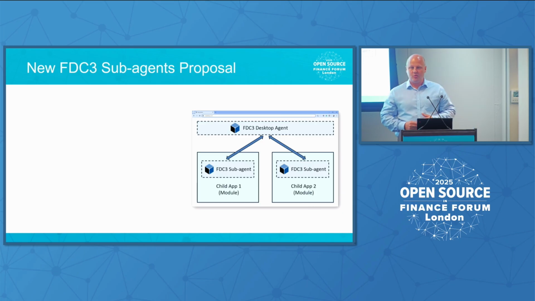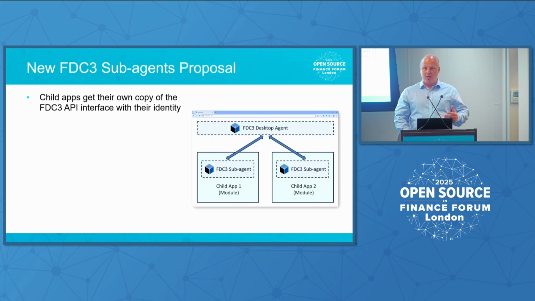And this is where the new FDC3 sub-agents proposal comes in. It will work as follows. Child apps will get their own copy of the FDC3 API interface with their own child app identity on it, not the parent app identity. They'll do this by using the new proposed get sub-agent method.